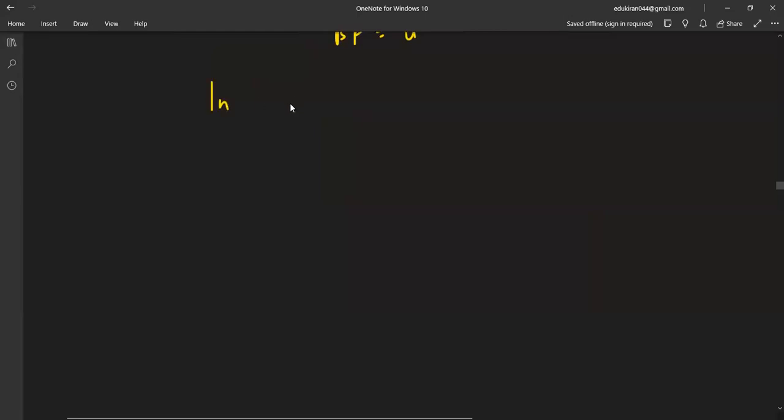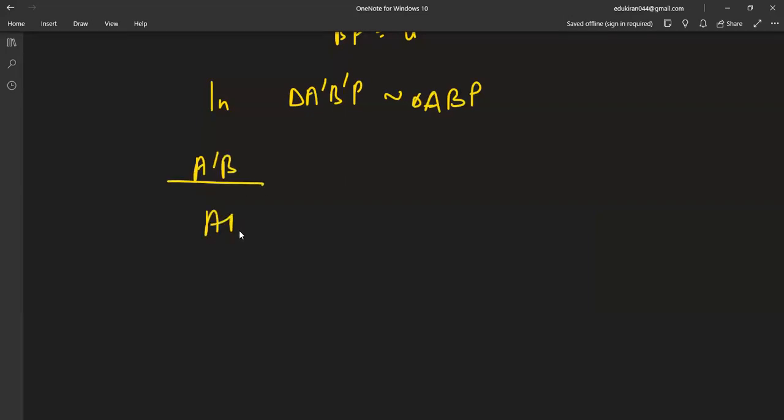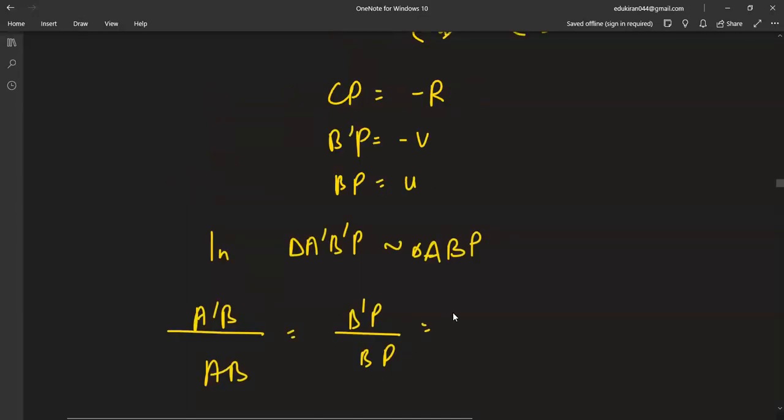So you can say triangle A dash B dash P is similar to triangle ABP. So A dash B by AB is equal to B dash P by BP. B dash P was minus V, BP is minus U, so this is equal to V by U. So A dash B by AB is equal to V by U. This is the second equation.